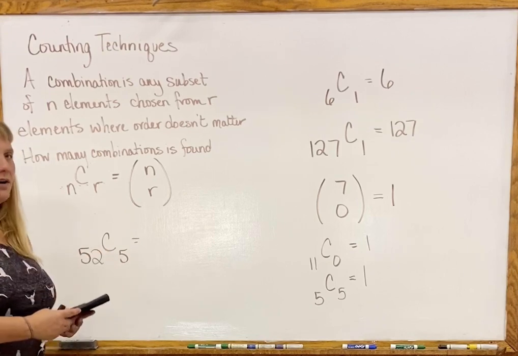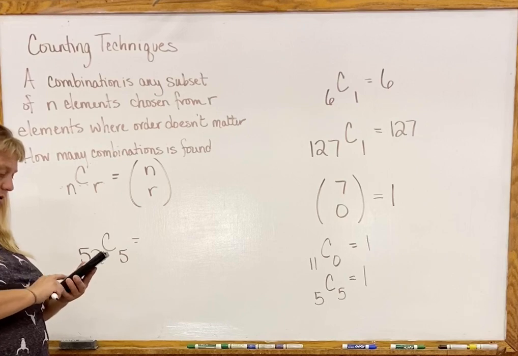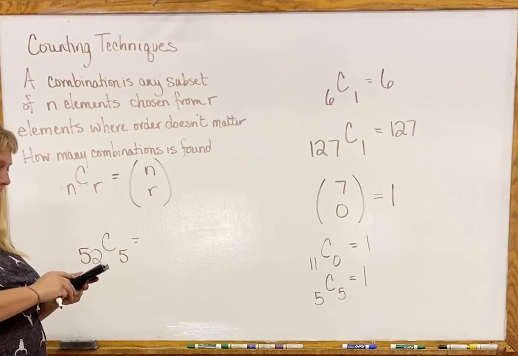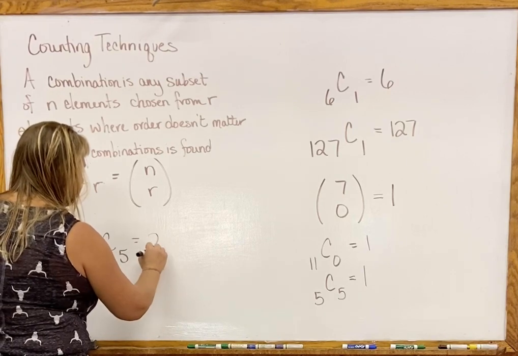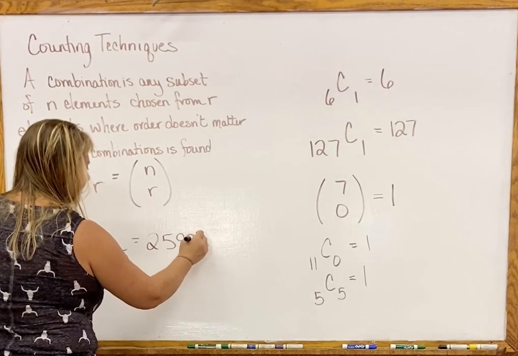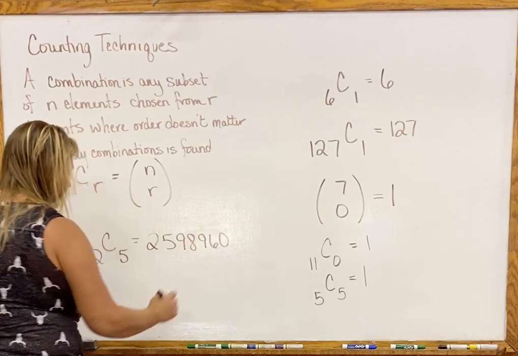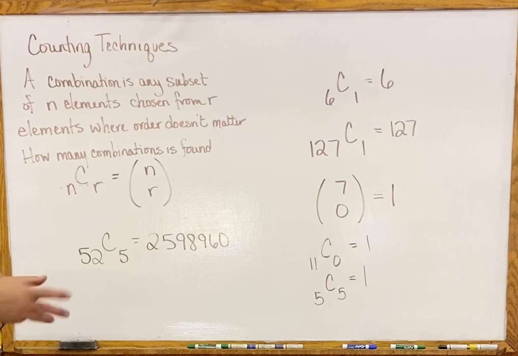So here we're going to figure out how many 5-card hands there are. 52 choose 5 equals 2,598,960. So in a deck of cards, if you deal out a hand of 5 cards, there are over 2.5 million ways that can happen.